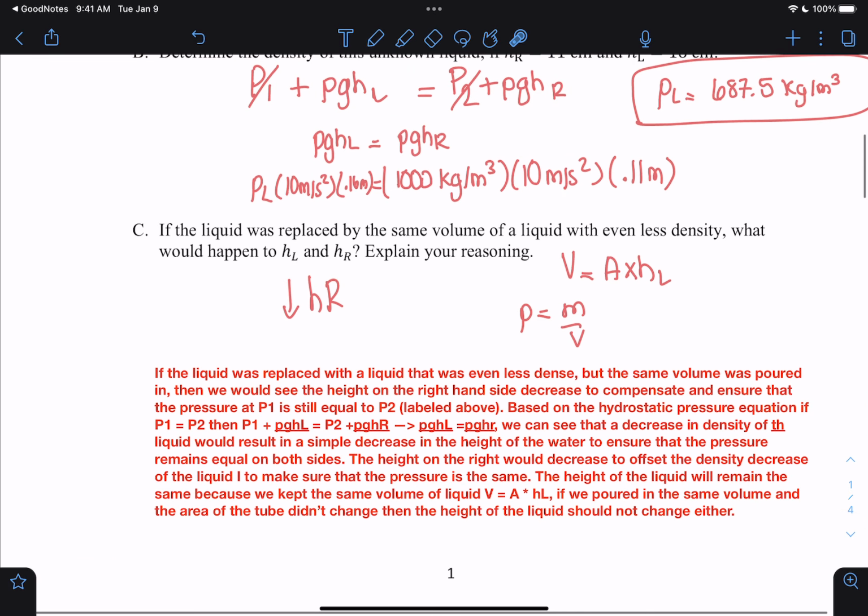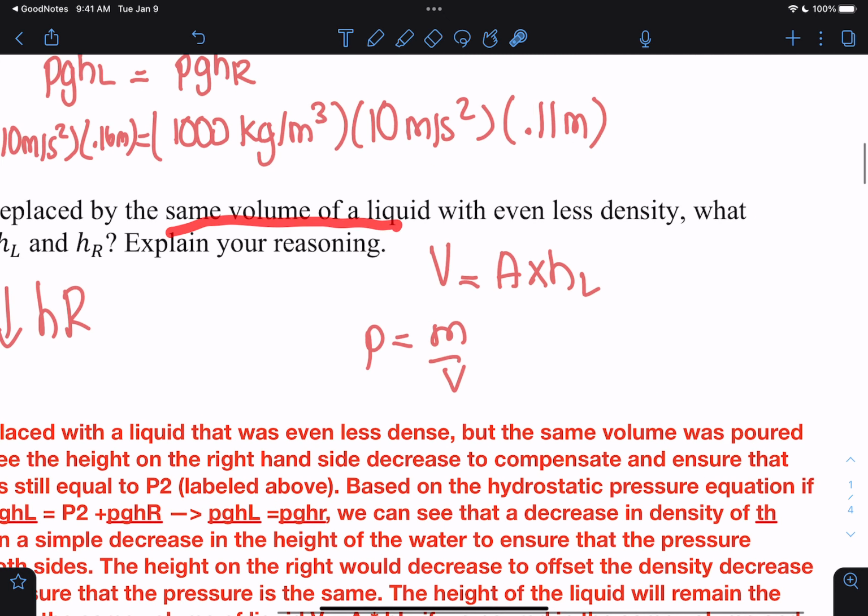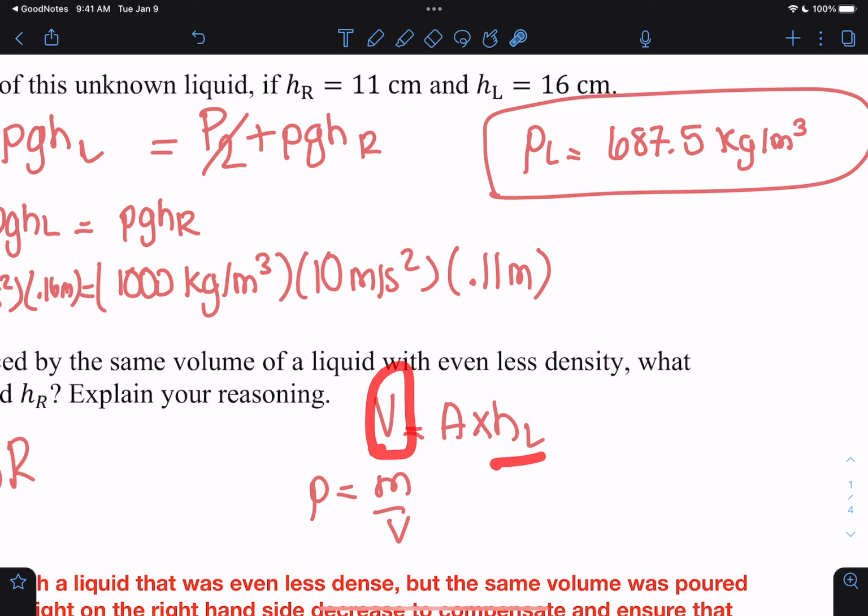But like I said, if I'm keeping that same volume, remember volume was the area of the cross section of the tube times the height of the tube. So if I'm keeping the same volume, should I see any increase or decrease in the height?